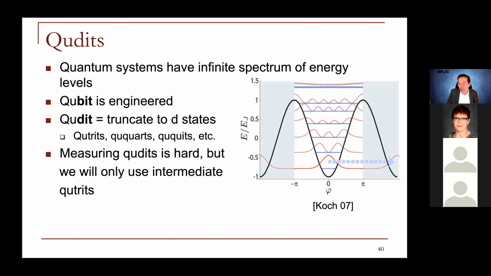Now, of course, going up to the third state exposes you to more error, and that's something we're going to have to model. And also, measuring qtrits and qdits is hard. But it turns out we produce a construction which is qubit in to our circuit, qubit out from our circuit, and only qtrits in the middle. So it sort of avoids this state discrimination problem of measuring qtrits.